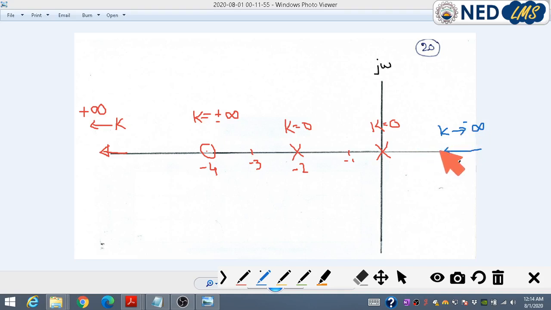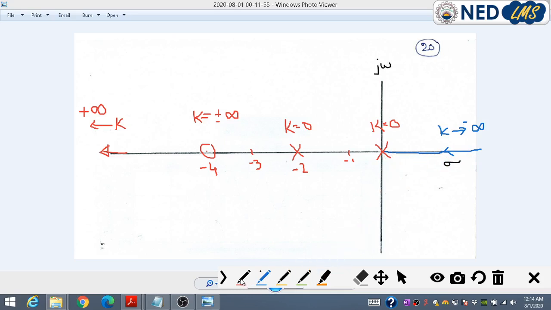So here my count is 0. Therefore this search point is on CRL, and my count is still 0 till this pole on the right side of this search point. Therefore the entire real axis on the right side of the S plane belongs to CRL.